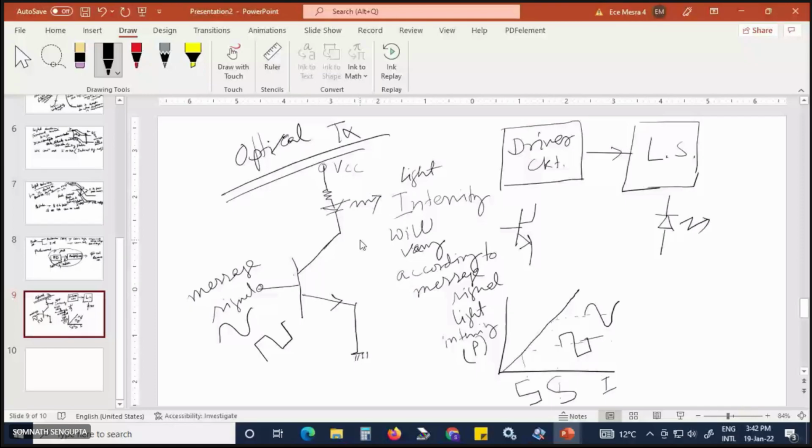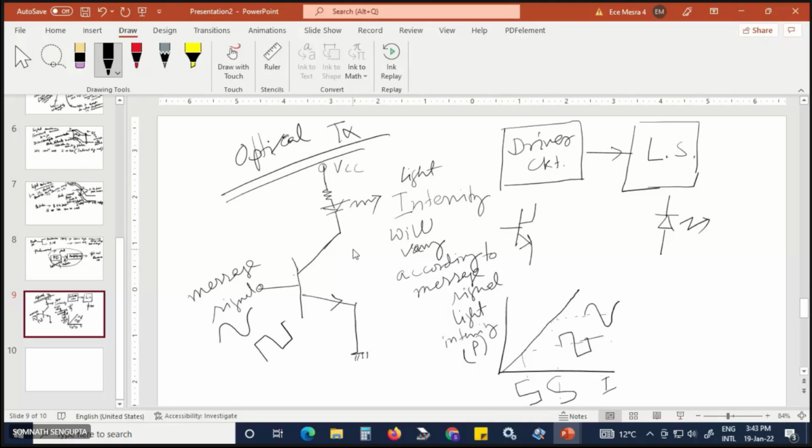You can find it in the book when you study the LED topic: modulation bandwidth is related to 1 by tau effective carrier lifetime. At the same time, a photodetector also has the parameters of response time, responsivity, and also RC time constant.